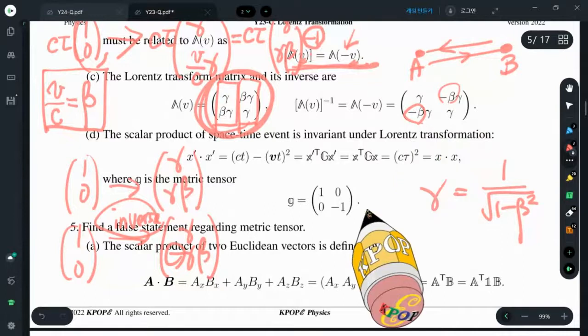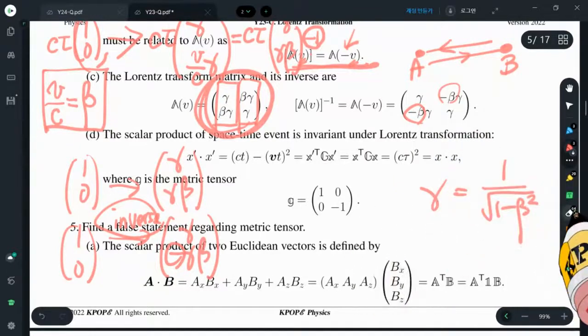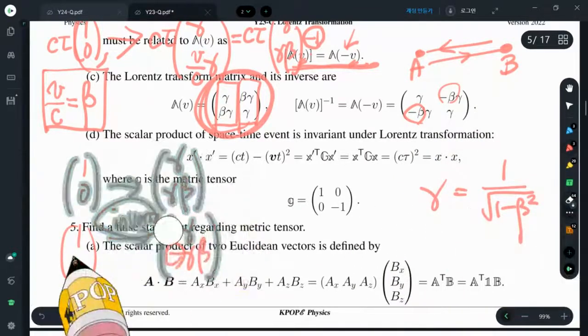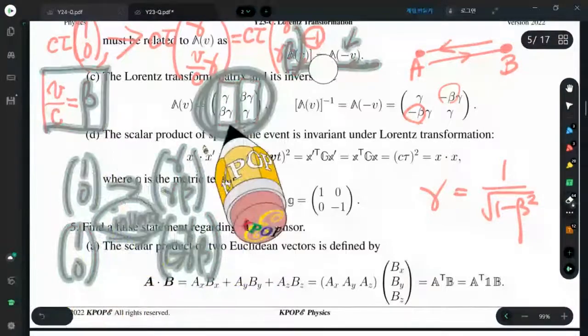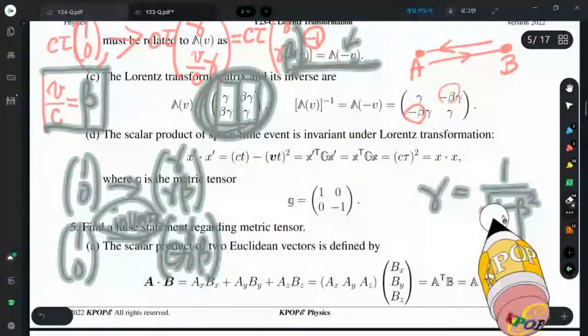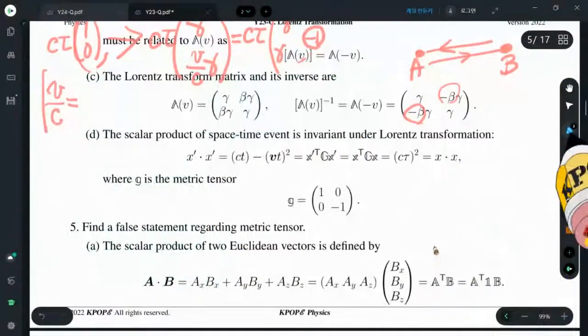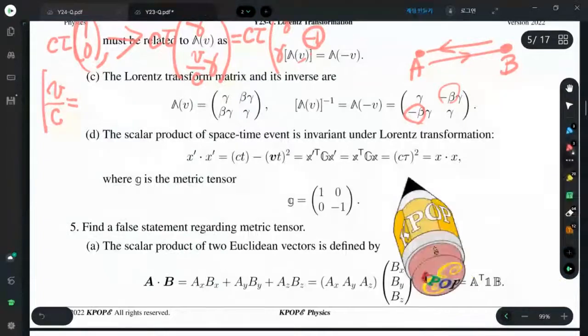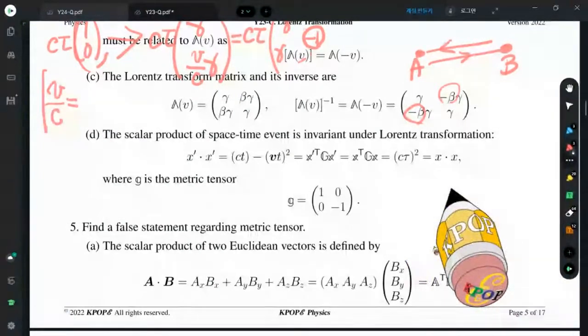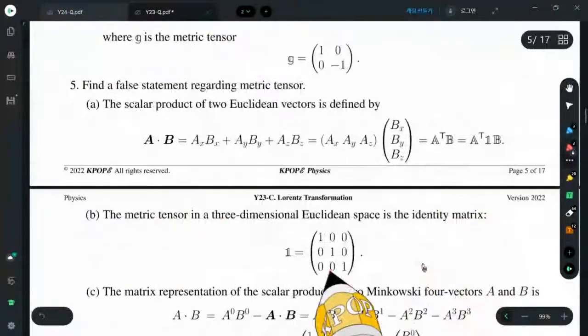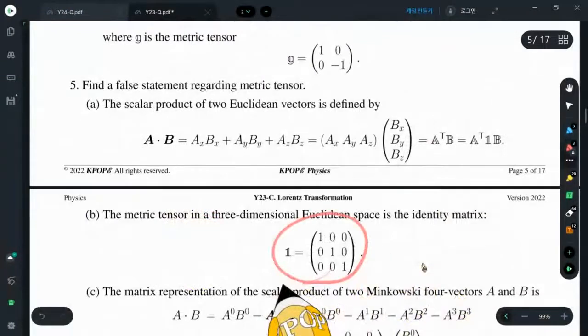All right, and now we define the metric tensor. Metric tensor in Euclidean space, we remember this identity matrix was the metric tensor. Why?